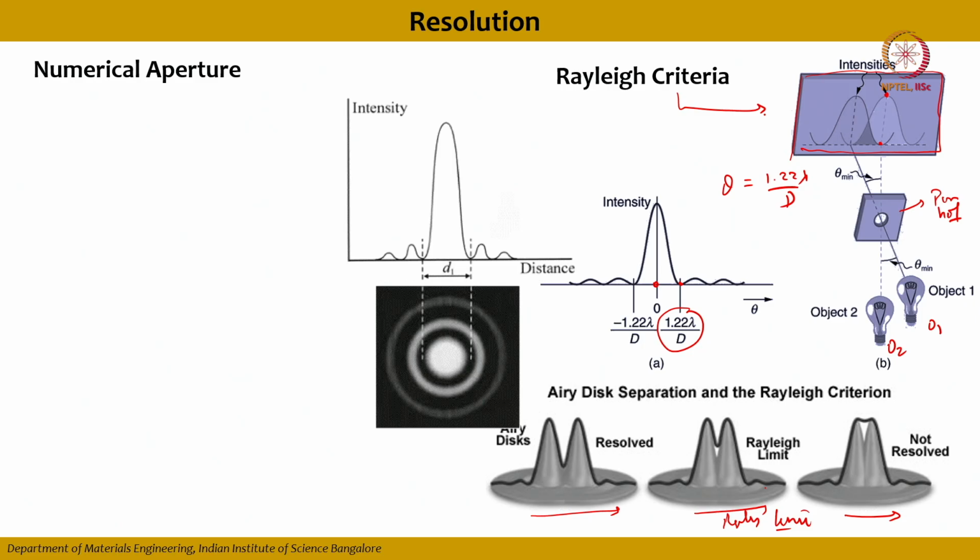So two points are just resolvable if they are separated by an angle theta minimum, which equals 1.22 lambda by d. Here lambda is the wavelength, which shows that it is a function of the wavelength of the light used, and also d, the diameter of the aperture.